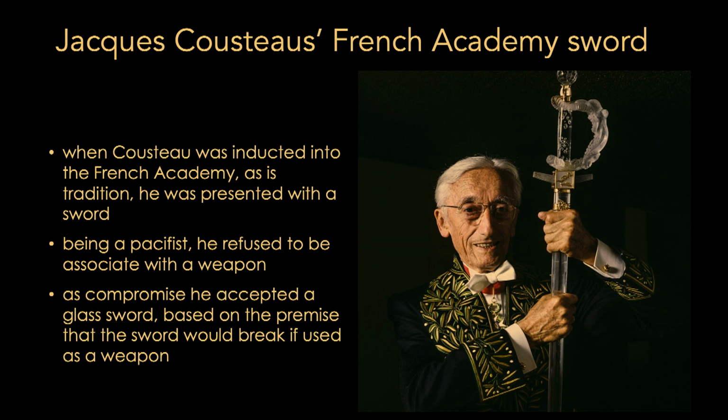I'm not going to be associated with a weapon that can harm. And so they figured out that the way around it would be if he gets a glass sword. And so he ended up with a glass sword. And the idea would be that before he can do any harm, the sword will break. Right? So that was good enough for him. But these days, I guess we have stronger glass, and that is no longer necessarily the case.